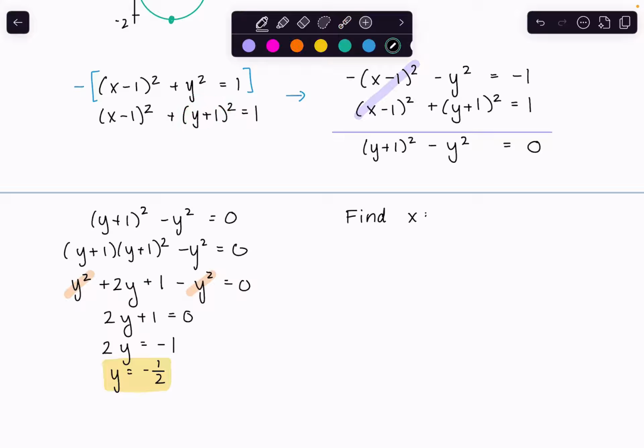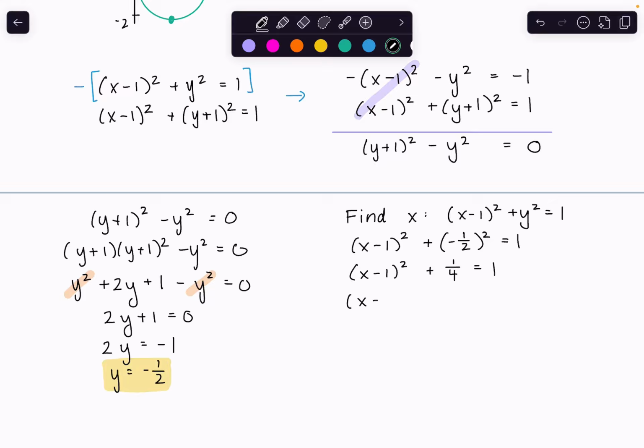I don't feel like adding that to a fraction, so I'm going to go ahead and use that first equation. x minus 1 squared plus y squared needs to equal 1. So x minus 1 squared plus negative 1/2 squared must equal 1. That gives me plus 1/4.